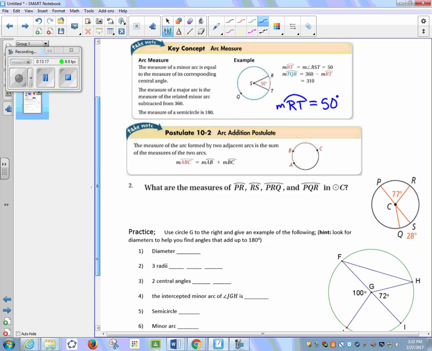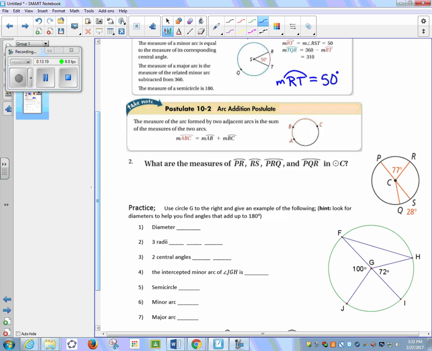By the same concept, if you have adjacent arcs like we talked about, 2 arcs right next to each other, in this case arc AB and arc BC, they can just be added together. It's like the segment addition postulate or angle addition postulate. We said if we have a segment ABC, this piece AB plus this piece BC equals the whole length AC.